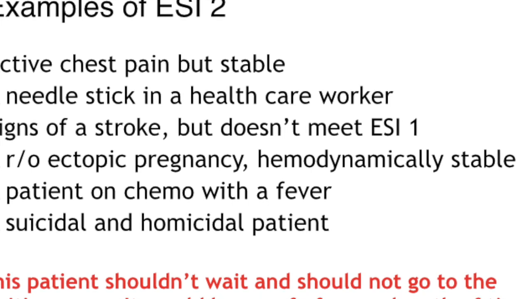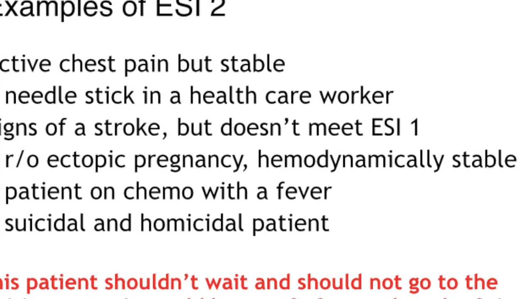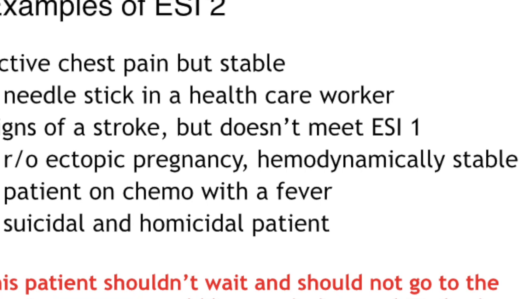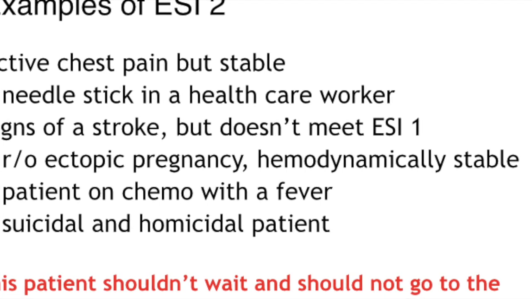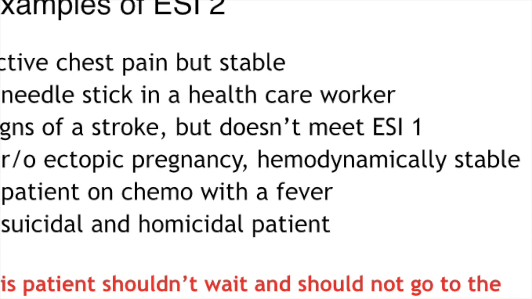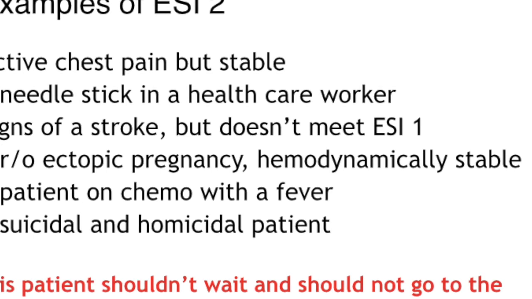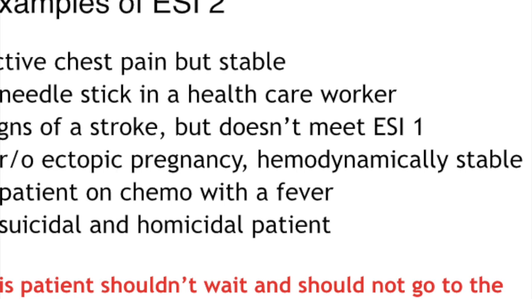The patient that is complaining of abdominal pain and can potentially be an ectopic pregnancy, otherwise hemodynamically stable, should be an ESI 2. They need to have a provider evaluate them. The patient needs to have vital signs just to make sure that there's no rupture or that they're not going to worsen in the waiting room.